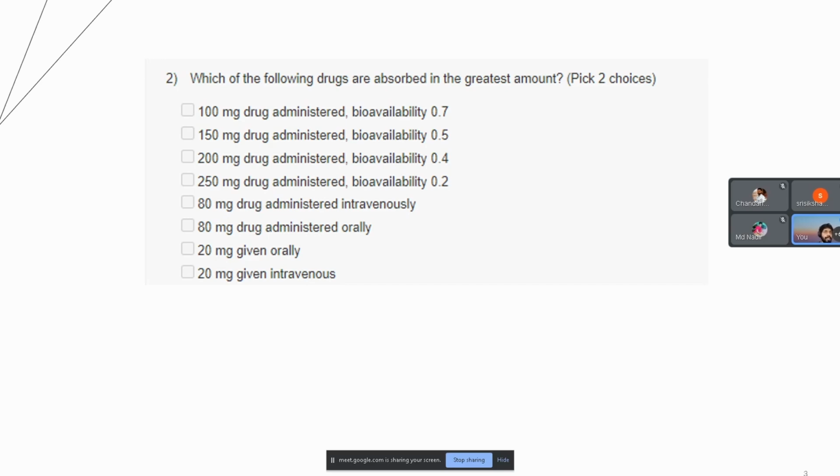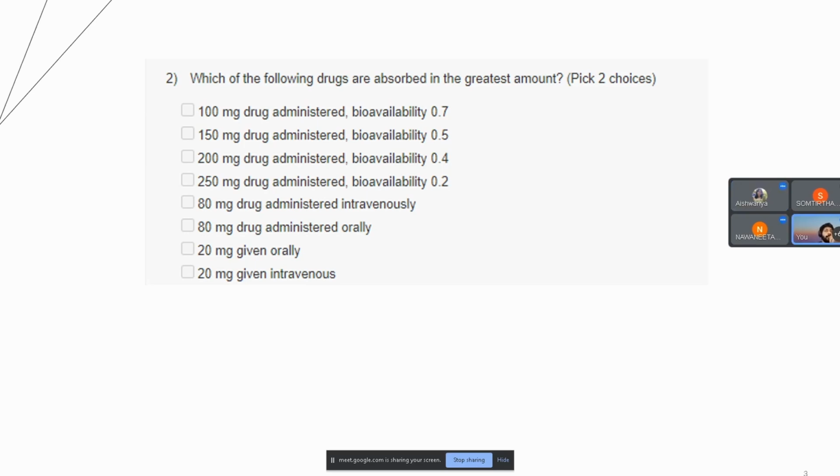Similarly, in the second case, 0.5 is the bioavailability, so it's 50% of the drug. And the third option, 0.4. Does anyone want to calculate? It's 80. Okay. The fourth option will be 50. And the fifth option is 80.